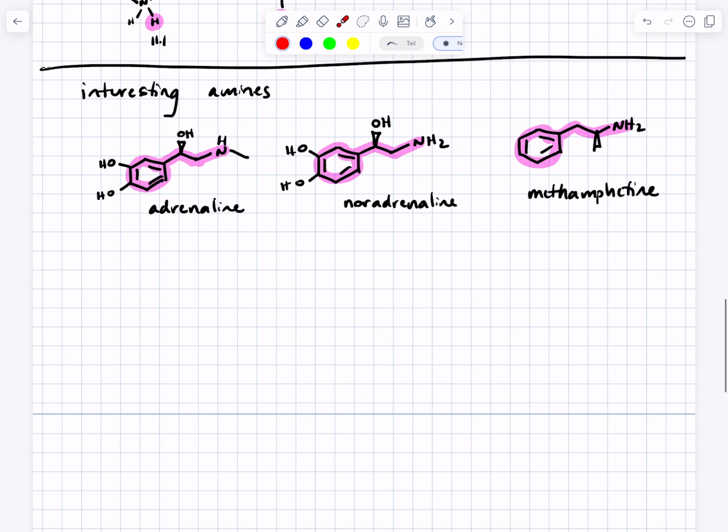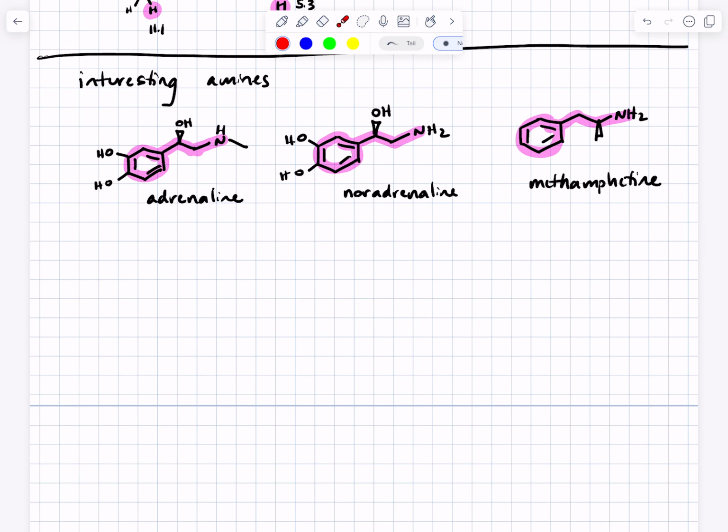Another class of amines that we've talked about are neurotransmitters. There were a few of these we talked about when we discussed decarboxylation. I'll just show you, it reminds you of one of them. What I'm drawing for you now is the amino acid tryptophan.